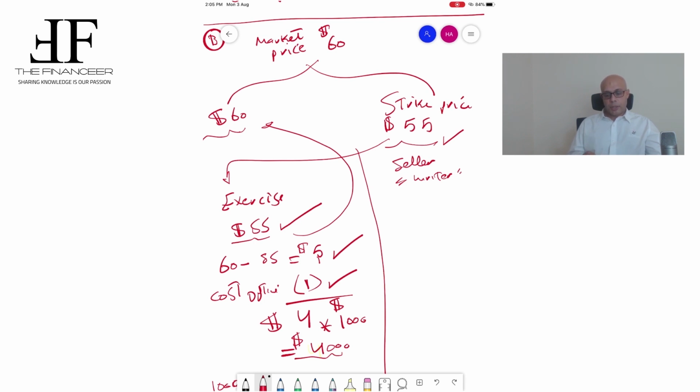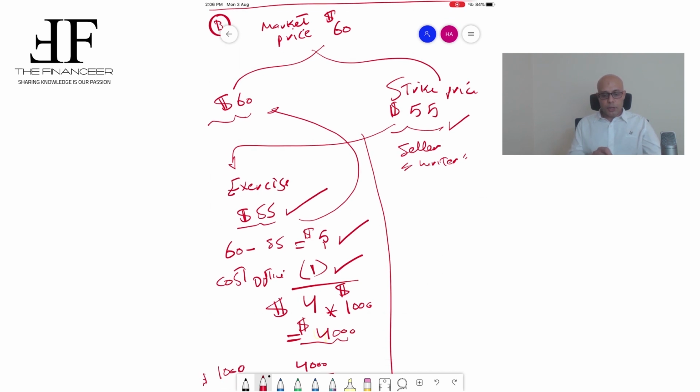Now the seller will be in a situation where the buyer will exercise the contract. So the seller is obliged to purchase this stock from the market in order to give it to the buyer at $55. So the seller is going to purchase the stock from the market at 60, pay 60, and collect from the buyer 55, which is the exercise price.